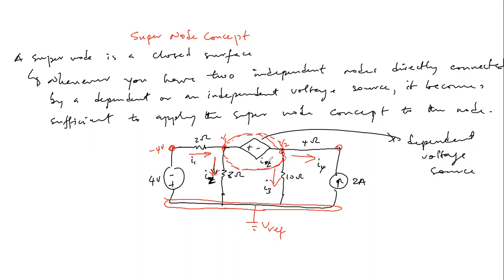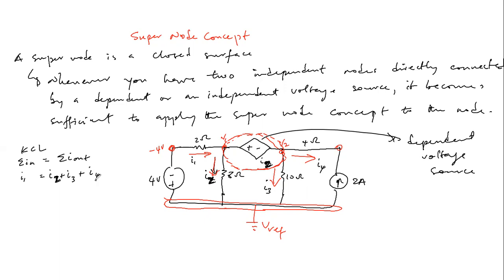Let's say this is I2, okay? No, it's IS. Now, KCL at this node will be: sum of currents into the node is the same as sum of currents out of this node. So we have I1 going in, and I1 is the same as I2, I3 plus I4 coming out.